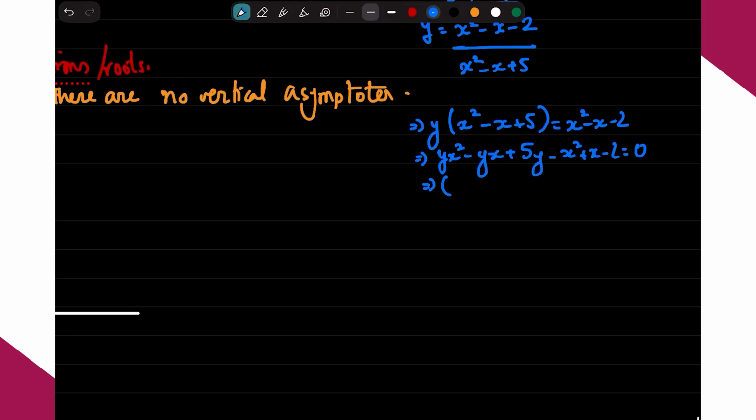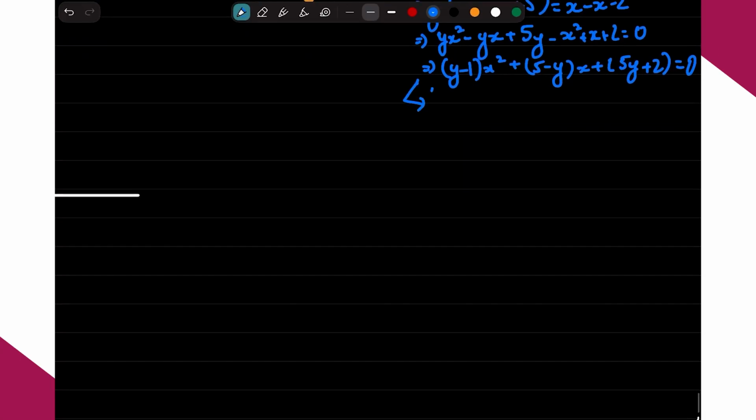From here, what we can simply do is just take y minus 1 x squared. Then we can take plus 5 minus y x plus 5y, oh, this is going to be plus 2 equal to 0, right?